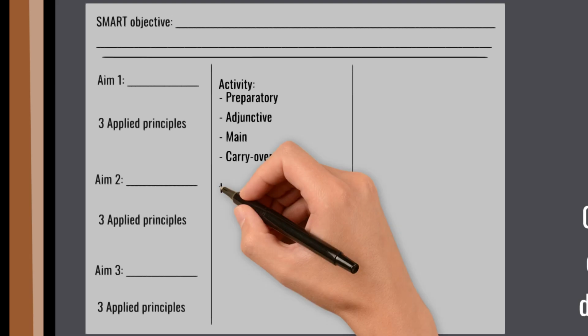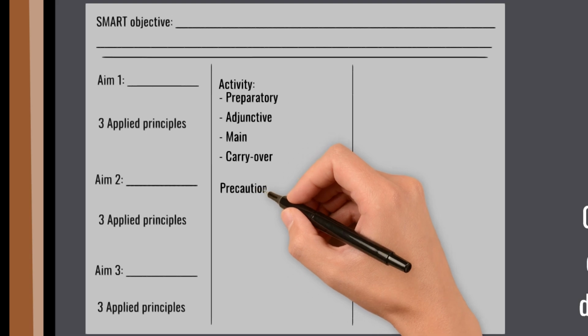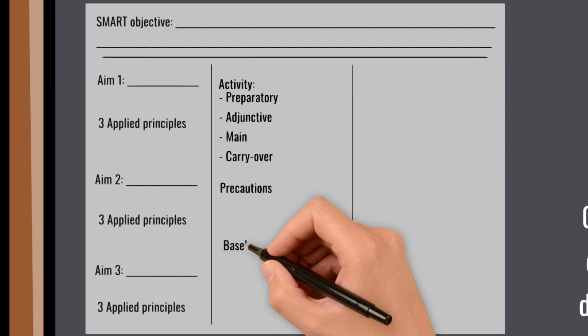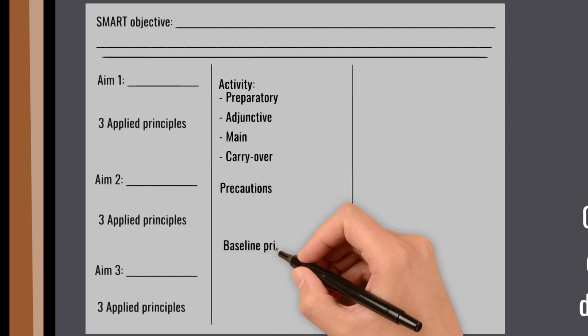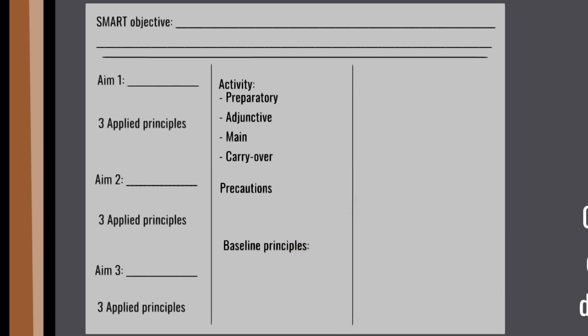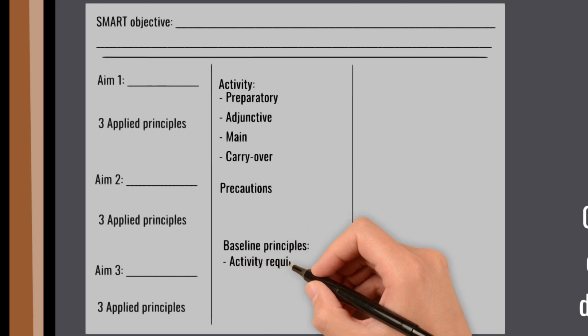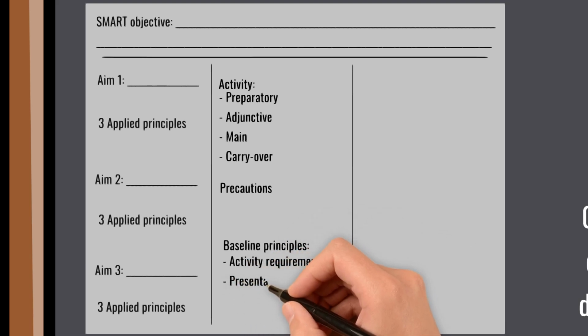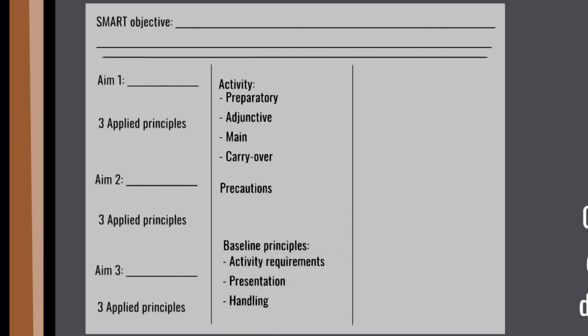Also, listed precautions are important. Baseline principles, these are general principles as well as creative ability principles, depending on their level of creative ability, in terms of what the session activity requirements should be, how to present the activity to the clients, and handling.